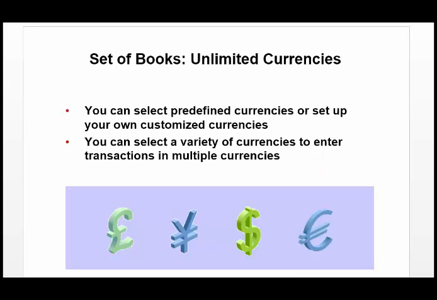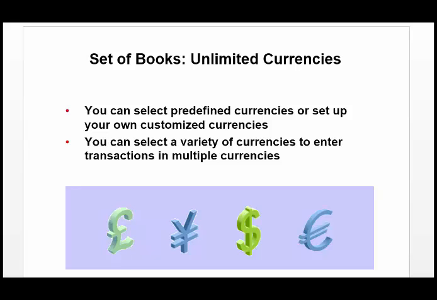Okay, another advantage of using SAP and or Oracle is the fact that they allow multiple currencies. At the very beginning, when we talked about enterprise systems, we said one of the benefits of using an enterprise system is that they are multi-currency.